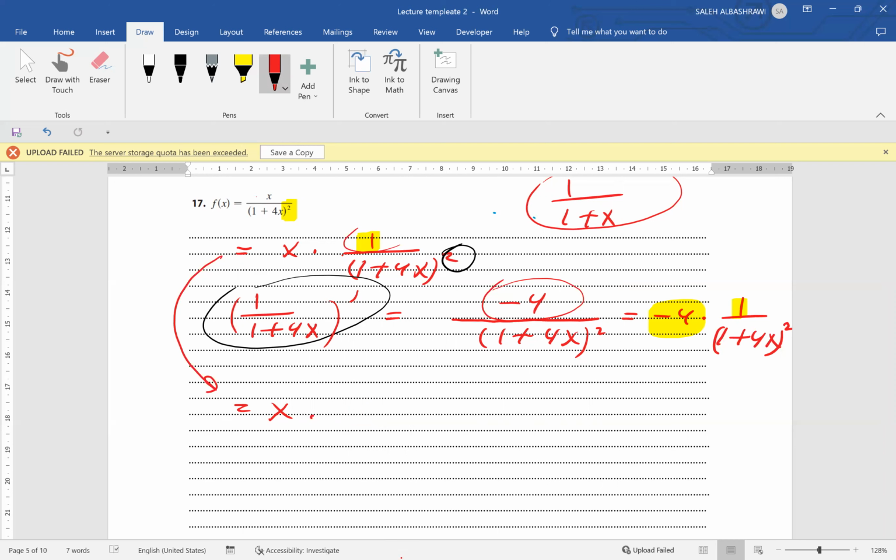The derivative is given by minus 4 times 1 over (1 plus 4x)^2. So we multiply by minus 4 and divide by minus 4 to keep this expression the same.